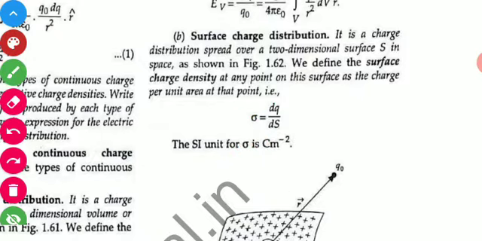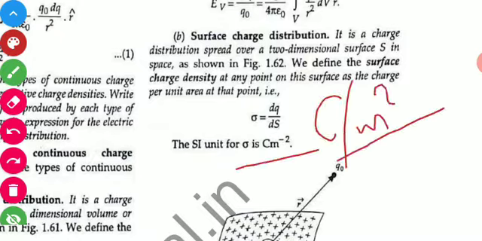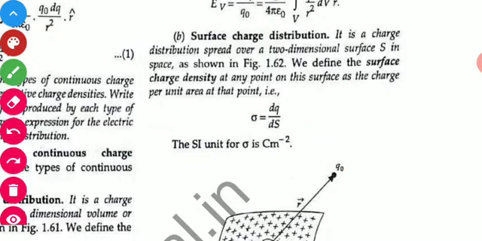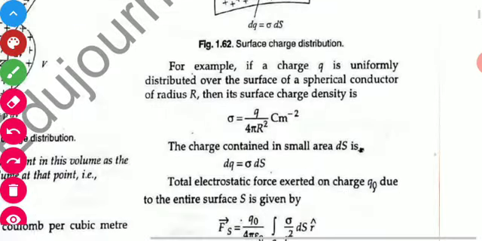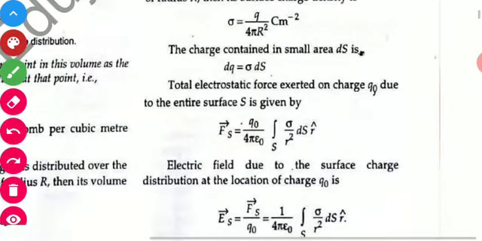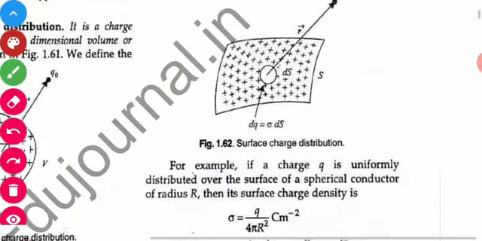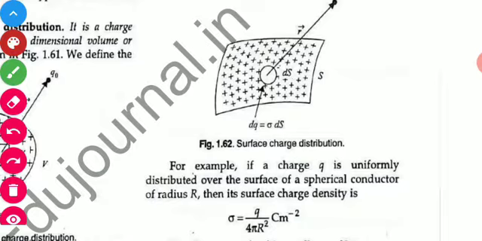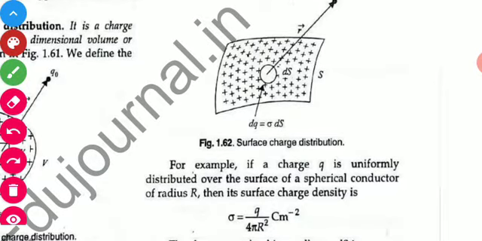Now what are the units? Units is coulomb per meter square. This is the unit of sigma, that is surface charge density. Now students, suppose there is a big sheet and charge is distributed over this sheet.